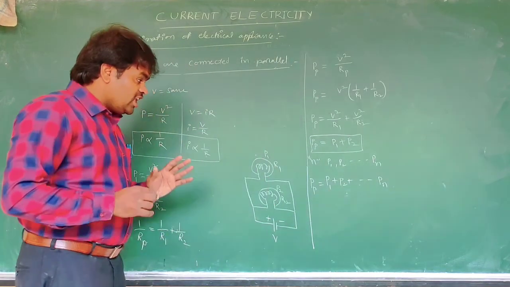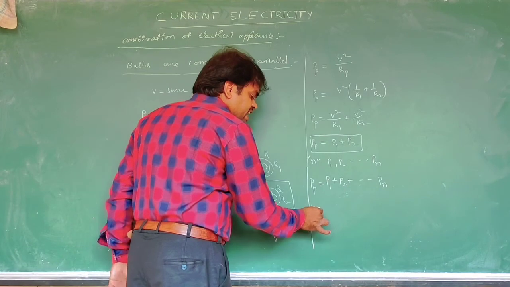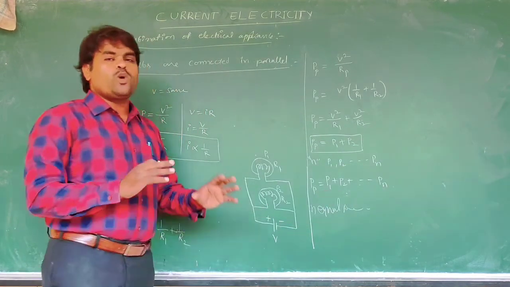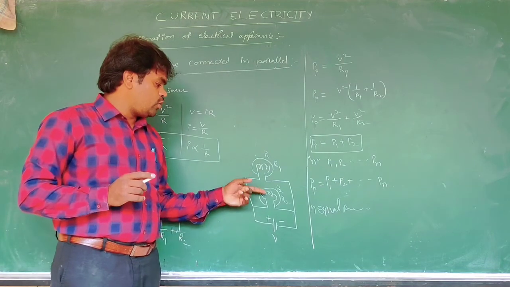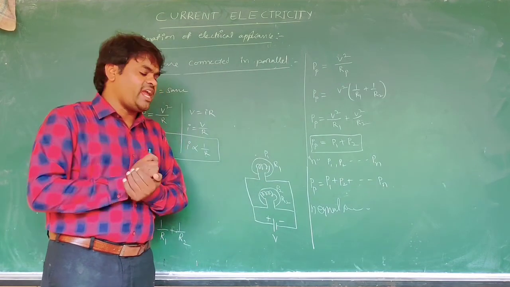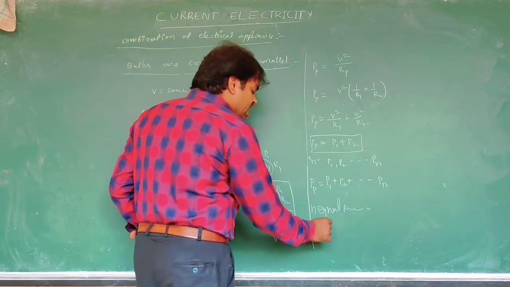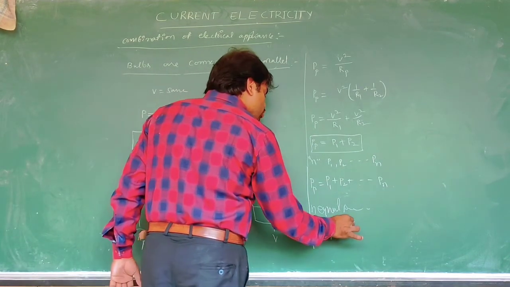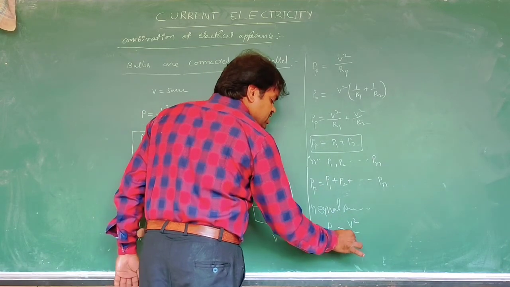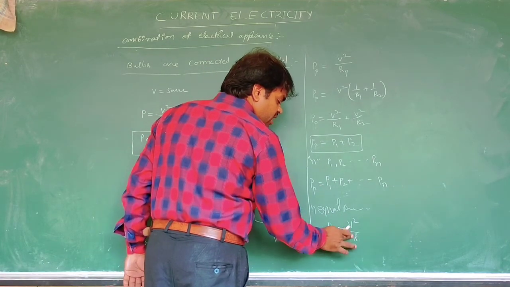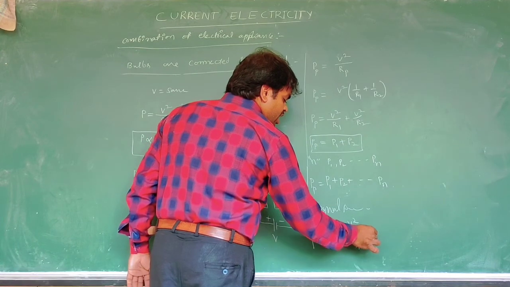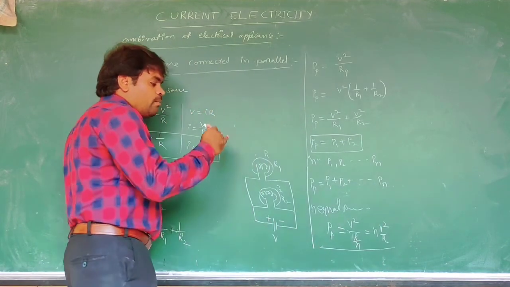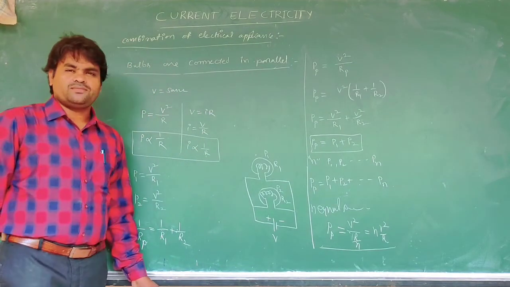If n equal resistance electrical appliances are connected in parallel, then the power dissipated in the parallel combination is Pp equal to V square by R by n, which is n times V square by R. This is in the parallel combination.